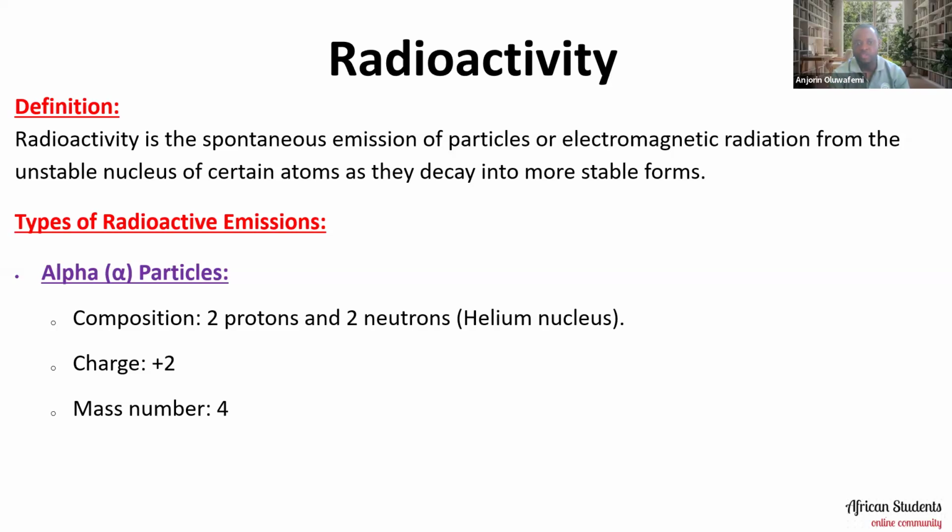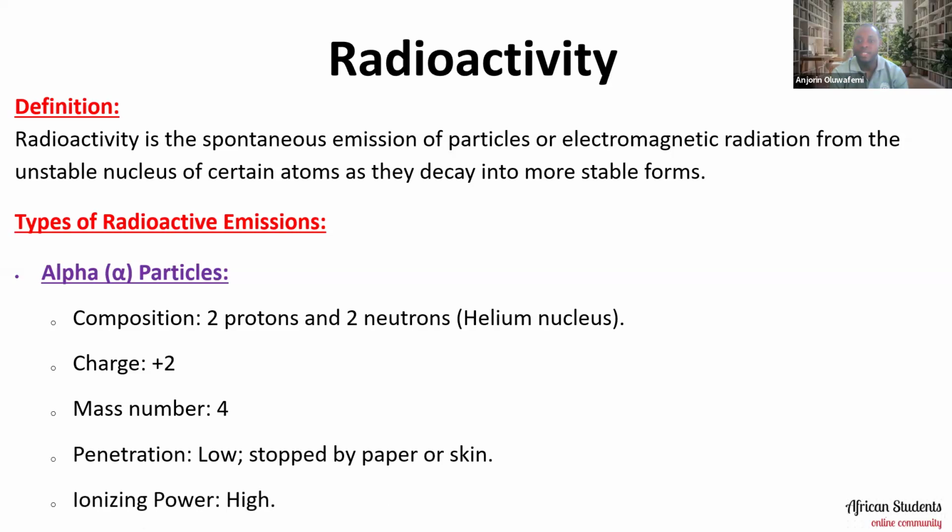In terms of penetration, it has low penetration and can be stopped by paper or skin. Very, very low penetration when it comes to alpha particles. And in terms of ionizing power, alpha particles have very, very high ionizing power. Those are the properties of alpha particles.